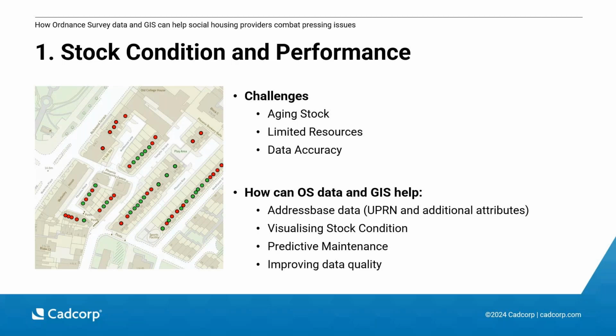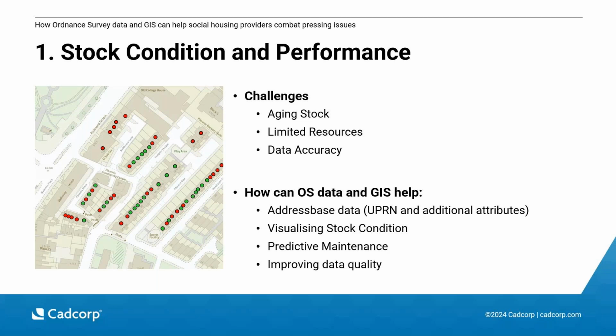These factors can contribute to health problems, energy inefficiency, and higher maintenance costs. Limited resources to deal with problems often restrict proactive maintenance, leading to reactive repairs, higher costs, and tenant disruption. Prioritising repairs effectively becomes difficult without a clear understanding of property condition across the portfolio. And outdated or inaccurate data on property dimensions, locations, and features can lead to inefficient resource allocation and misinformed repair schedules.